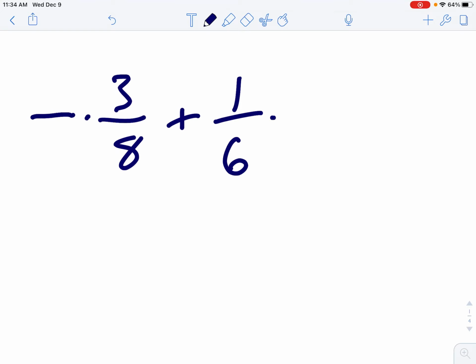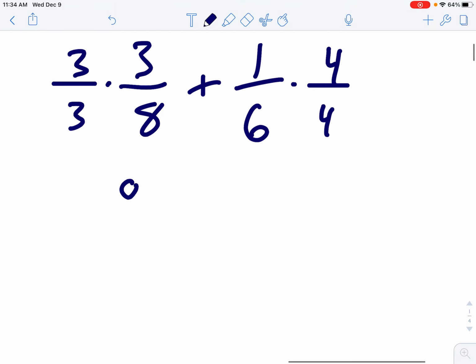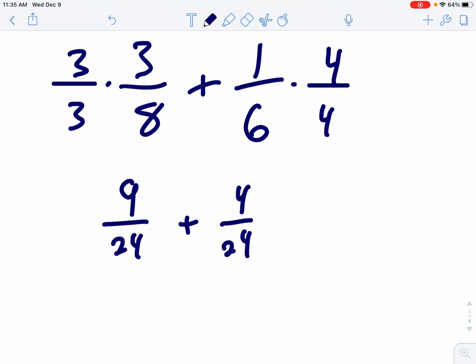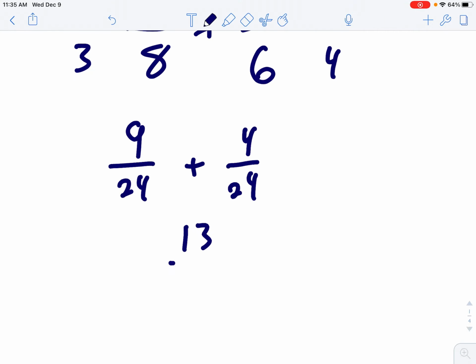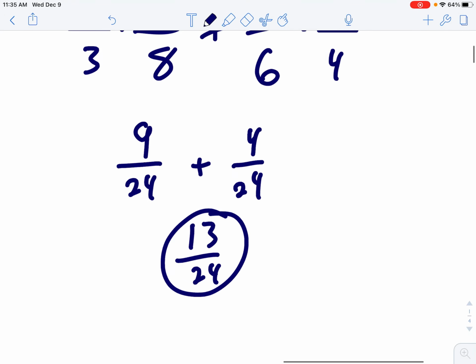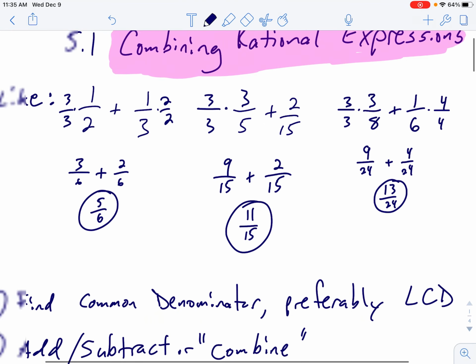So this 8 we can turn into 24 by multiplying by 3 over 3, and the 6 we'd multiply by 4 over 4. So that gives me 9/24 here and 4/24 there, and when you add those you get 13/24. Now, if any of those answers worked out to be reducible, I would have reduced them. They're not, so those are the answers.